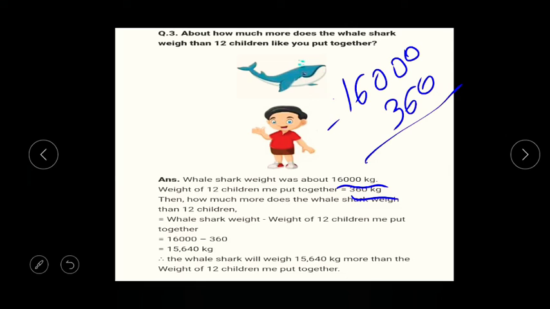If we do the subtraction, we get the answer as 15,640. I hope you all know subtraction. In the starting of this chapter, we have already performed some practice for such subtraction. Am I right? Very good. Therefore, the whale shark will weigh 15,640 kilogram more than the weight of 12 children put together.